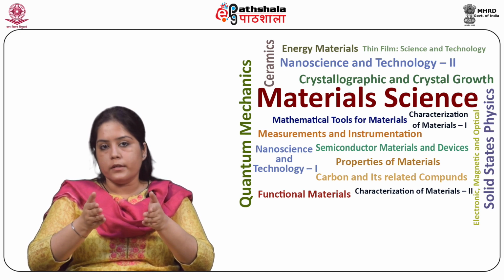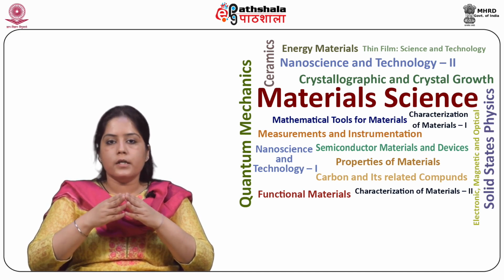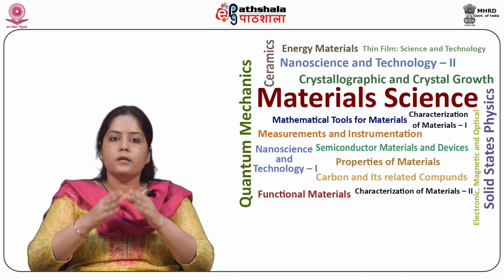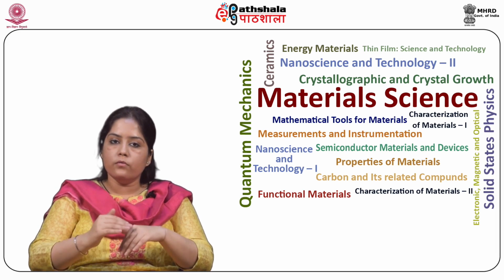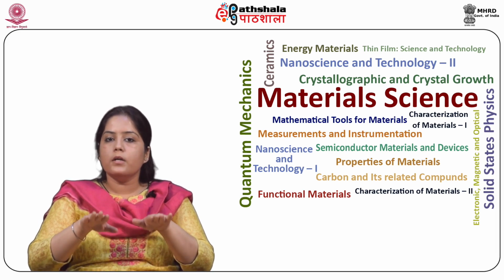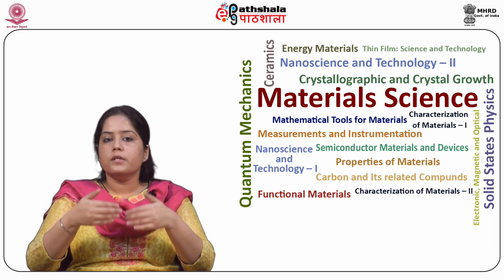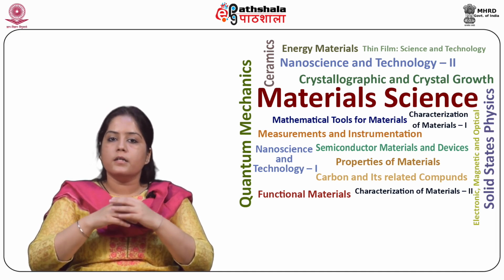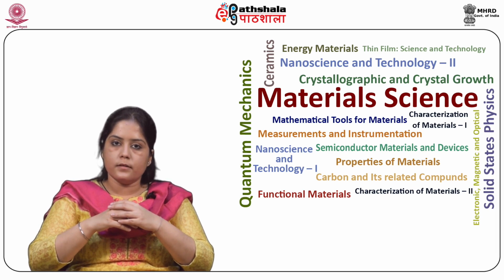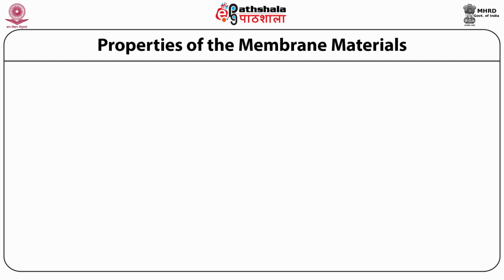Cases are reported in which a Nafion membrane resulted in a lower or equal energy efficiency compared with the less ion-conductive membranes. Now students, next we will discuss another property of the membrane materials, that is chemical stability.